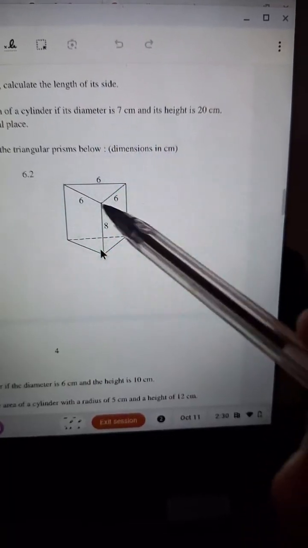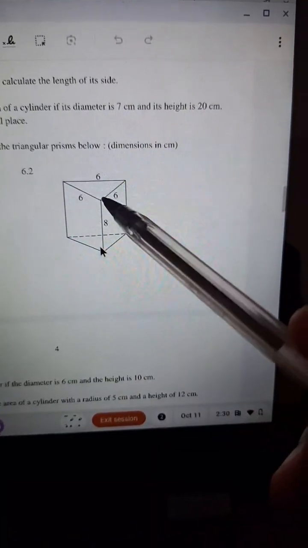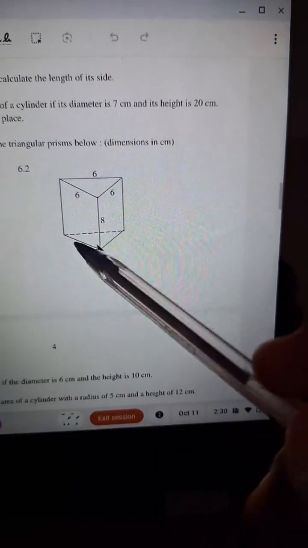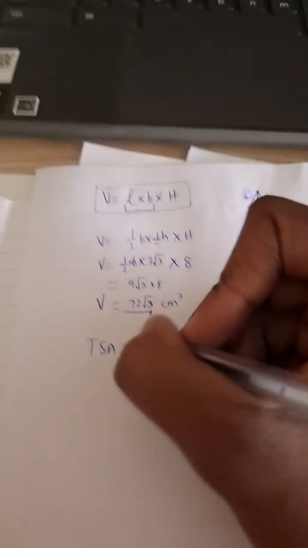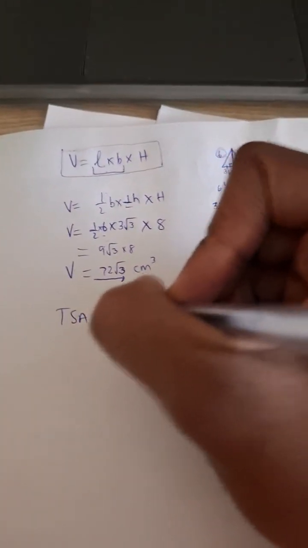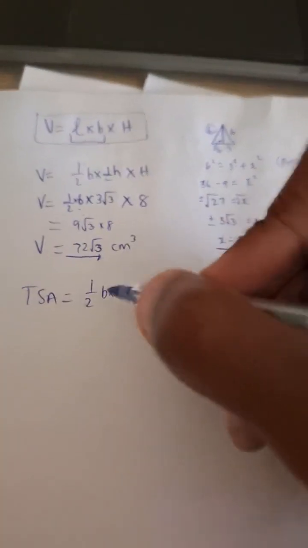All the rectangles will be the same because this is an equilateral triangle, so the rectangles are also going to be congruent. Okay, so I'm going to say half the base times the perpendicular height of that specific triangle.